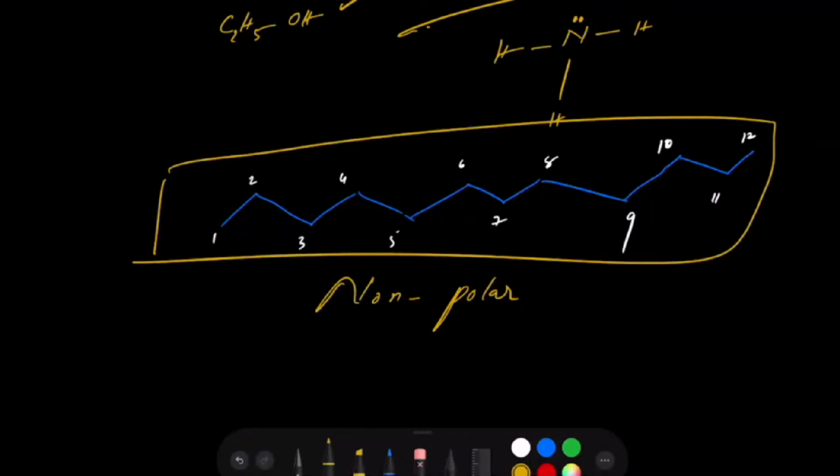Even if we say there is a difference, because of the tetrahedral arrangement, all the dipoles will cancel, because dipole moment is a vector quantity. So even if we say the C-H bond is a polar bond, this molecule is non-polar because it has symmetry.